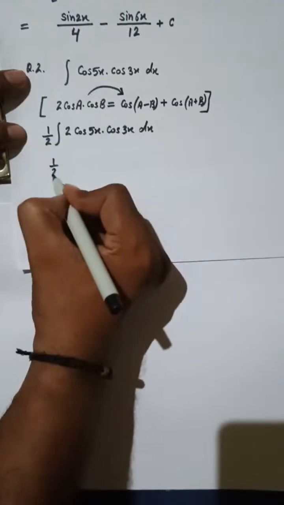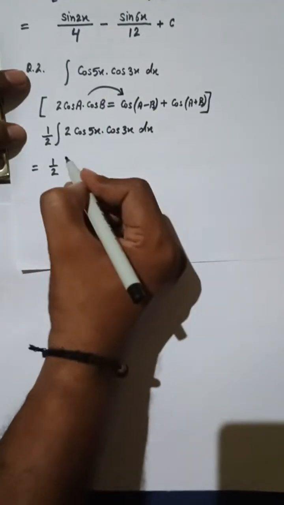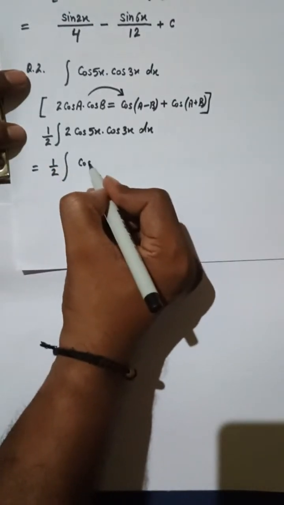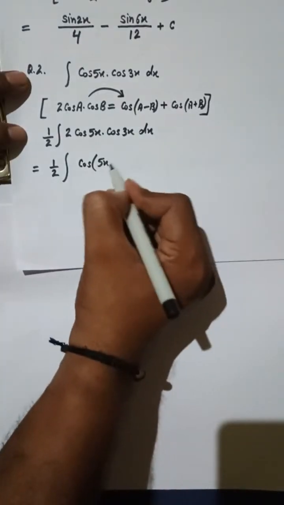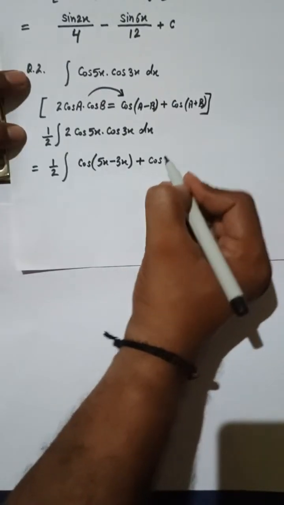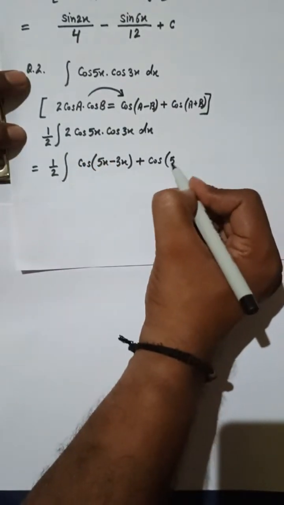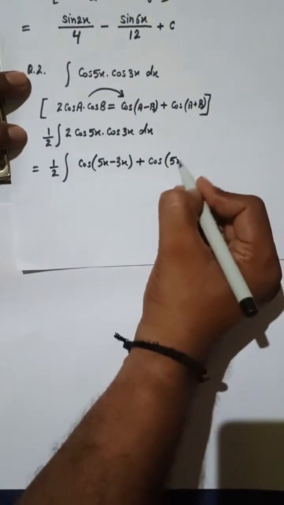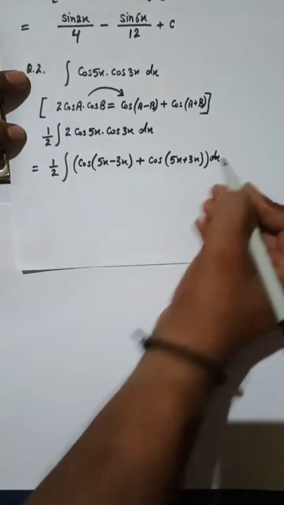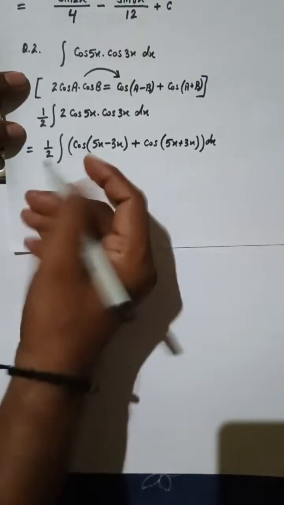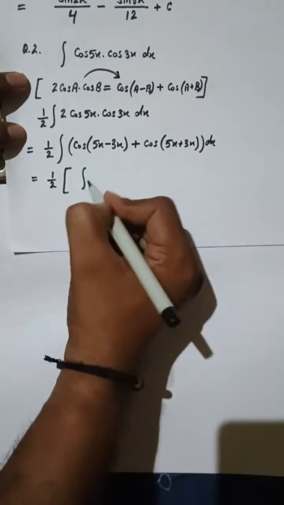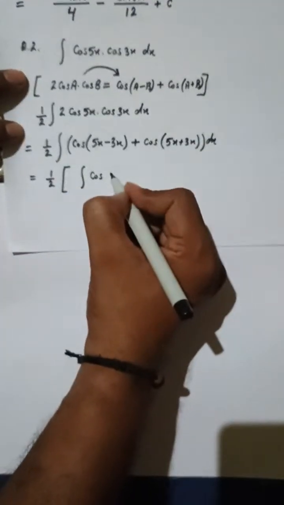Here 1 by 2, then integration, and it would be cos(5x minus 3x), then plus cos(5x plus 3x), dx. Now I have 1 by 2, and if you stay and keep looking constantly, then you can learn.